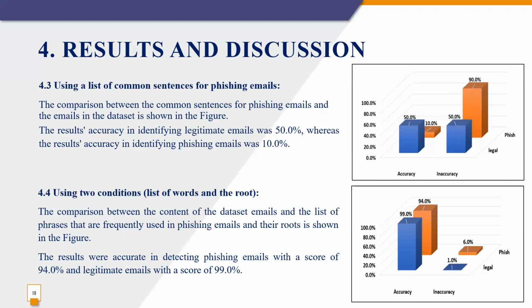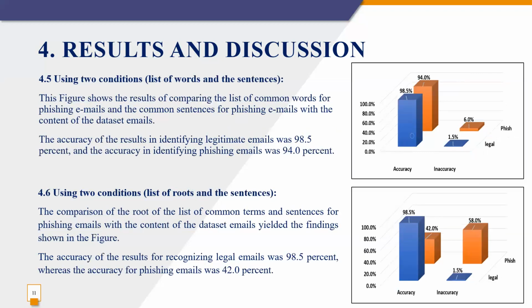Number 4, using two conditions together, like the list of words and the root together, we get 94% for the phishing emails and 99% for the legitimate emails. Number 5, using another two conditions, the list of words and the sentences, the result was 98.5% for the legitimate emails and 94% for the phishing emails.